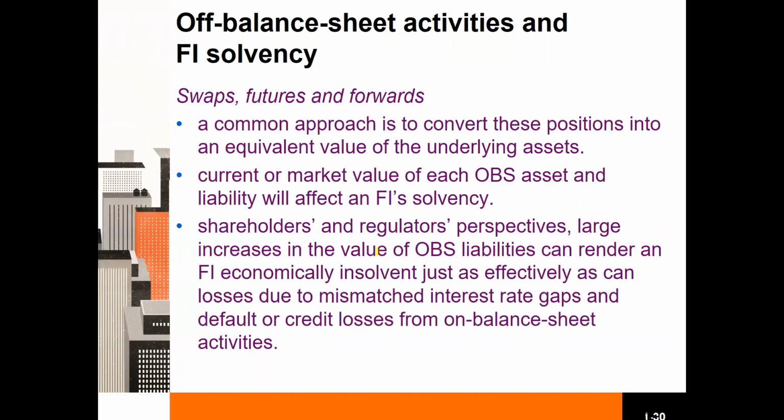Indeed, from both the shareholders' and regulators' perspective, large increases in the value of off-balance sheet liabilities can render a financial institution economically insolvent just as effectively as losses due to mismatched interest rate gaps and default or credit losses that we discussed earlier. For example, during the GFC, global losses on off-balance sheet collateralized debt obligations linked to US mortgages reached approximately 260 billion US dollars.